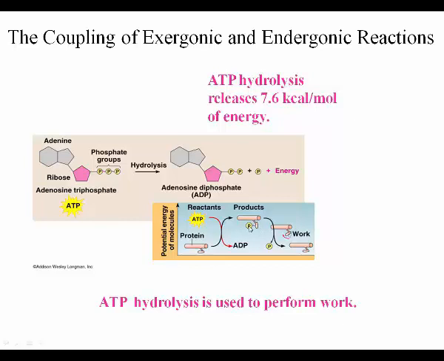And attaching that phosphate is what actually causes the work to happen. So when something is described as being endergonic or requiring some amount of energy, it's requiring something to happen because of the attachment of a phosphate group usually. So ATP hydrolysis is what's used to perform the work.